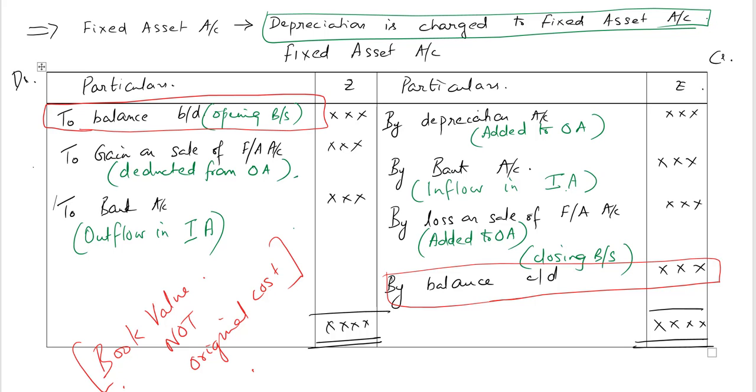So these two items are the opening book value of fixed asset as well as the closing book value of the fixed asset account as on the date of the balance sheet.